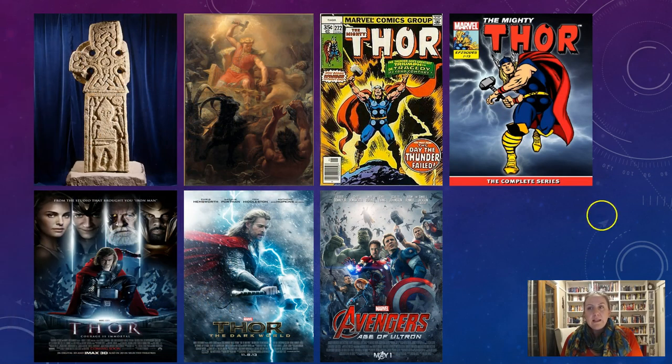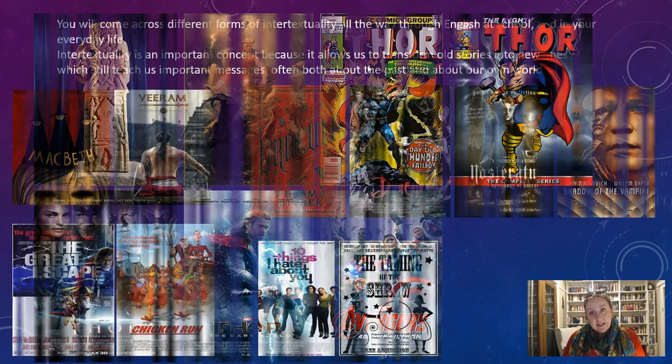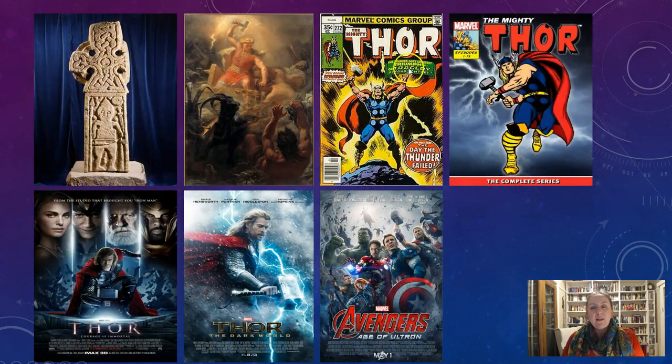Next one is Thor. Okay, so starting up here, we've got our original Norse myth. Thor was this Norwegian god, god of thunder, had his hammer, so all that stuff remains the same. God of lightning sort of thing, the storm, and over here we have an 1800s painting, so already the old story has been adapted in a painting, okay, to show new ideas through the 1800s. Then in the 1960s, we had Thor here, okay, who was a comic hero.